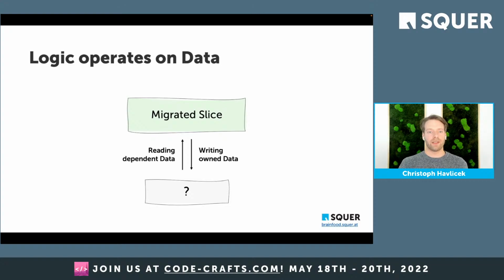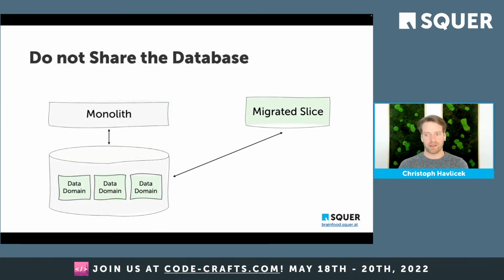This data can be separated into data which is owned by the migrated slice, where owning in this case means written by the migrated slice, and data which is just required for reading. So to get something straight out of the way, it's very tempting to just share the database.